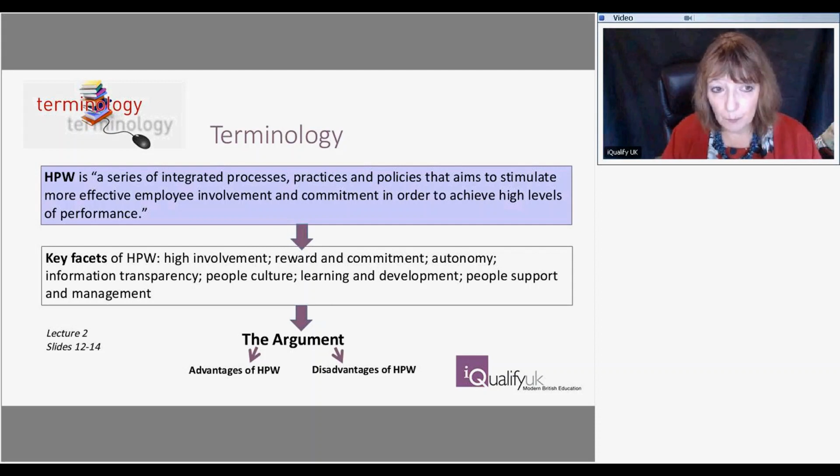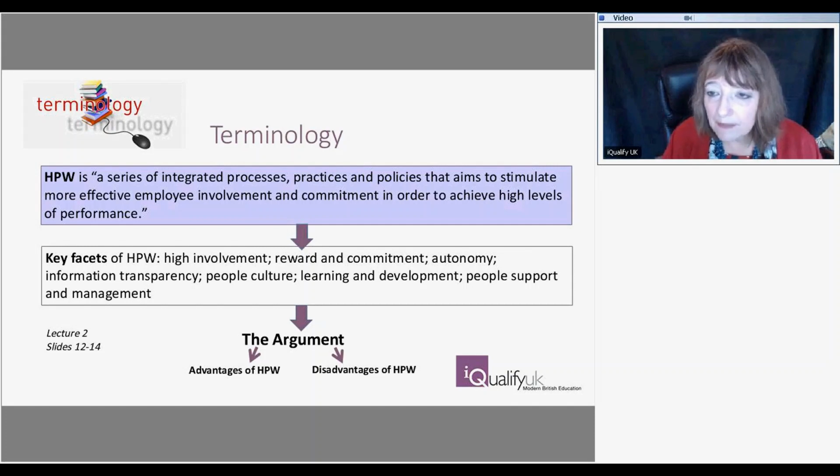And so when we're critically reviewing, we need to have an argument to this, which is to say, what are the advantages of having high performance working and what are the disadvantages? You can easily say the advantages are fairly obvious. You're going to get more involvement. You're going to give them reward, and that's going to allow growth.